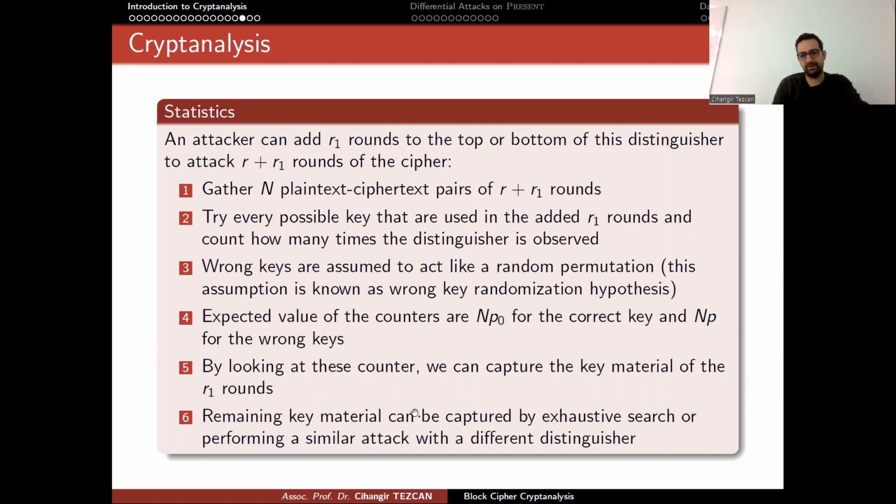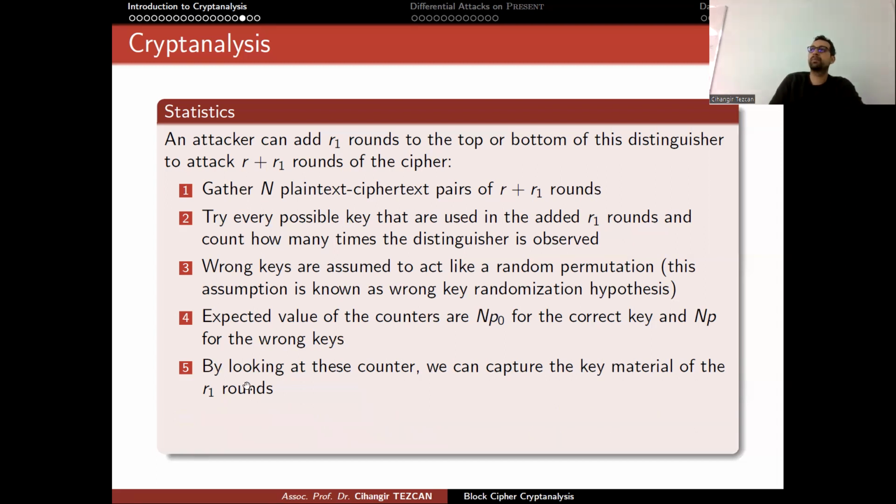So general attacks actually have two steps. In the first step, you capture key material in the R1 rounds. Then you have to think about what you are going to do to capture the whole key. But for the cryptanalysis, this part is enough.